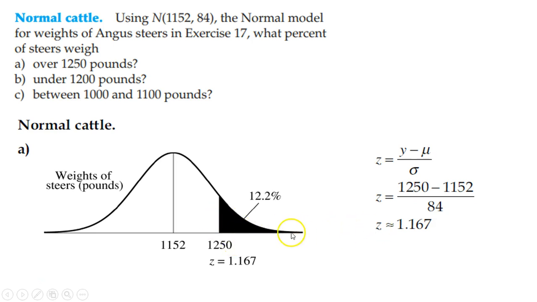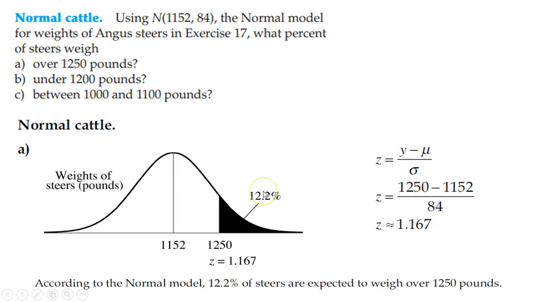You could put it way out there, because technically this goes to infinity, but I'm not writing it. Then comma, since the mean is 1152, comma, the standard deviation is 84, then close the parentheses and press enter, and you will still get the exact same answer without even doing the z-score. So according to this normal model, 12.2% of the steers are expected to be above 1250 pounds.